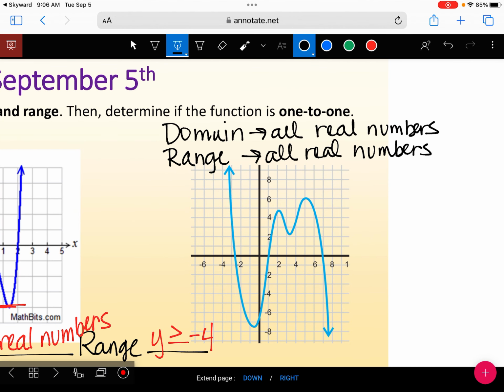So your domain is all real numbers, because again, you have arrows going to the left and arrows going to the right. Your range is all real numbers because one side is increasing and the other side is decreasing. All right, let's go ahead and go to your notes. And let's go ahead and get started solving.